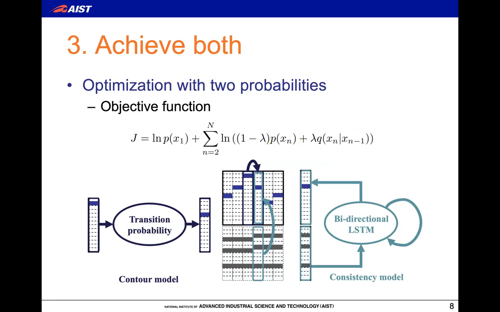By adding two log probabilities, the value of the objective function indicates how well two types of constraints are jointly satisfied. We have introduced a parameter lambda to balance two constraints. By maximizing this objective function, we can obtain the desired sequence of pitches.